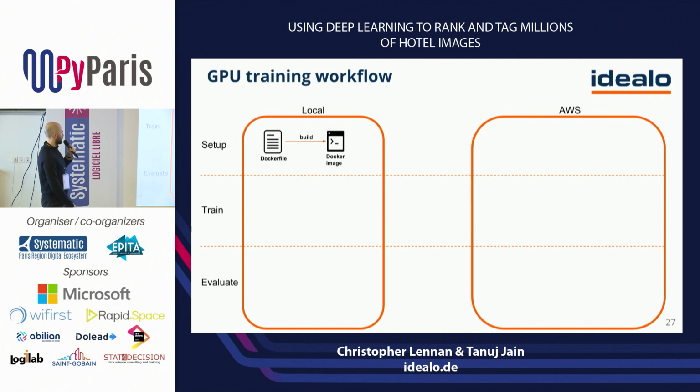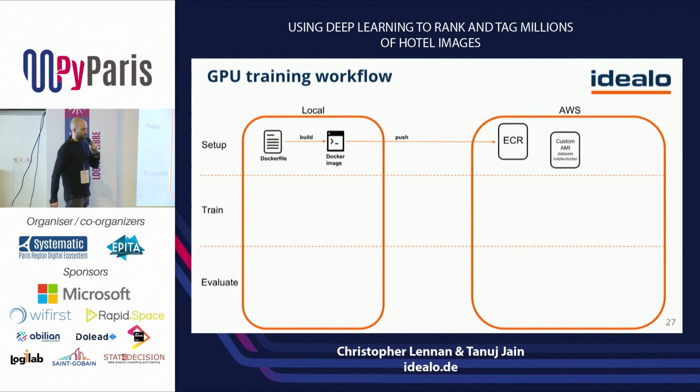At first we write our own Docker files, and we build the Docker images, and then we push them to the container registry on AWS called ECR. We also build a custom AMI where we put all our data sets on, and we set up NVIDIA Docker so that we can run containers that have access to the GPU.